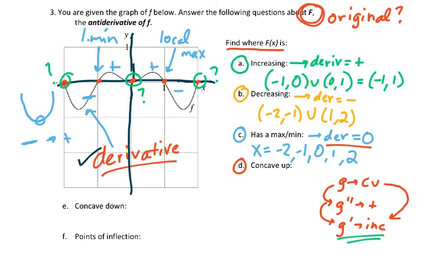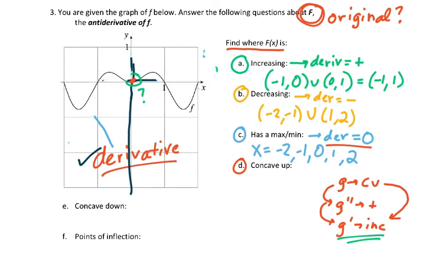Therefore, where is the original concave up? Where my derivative graph here is increasing. So let's look and see. Look everywhere on this graph and try to figure out where the derivative is increasing. That would be from here to here, I'm increasing. From here to here, I'm increasing. And from here to here, I'm increasing.